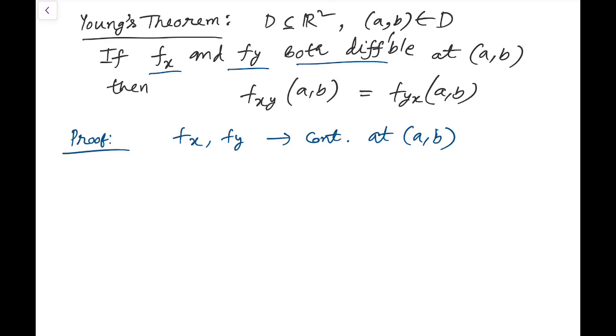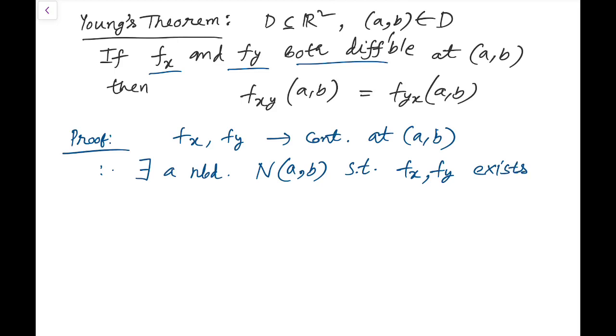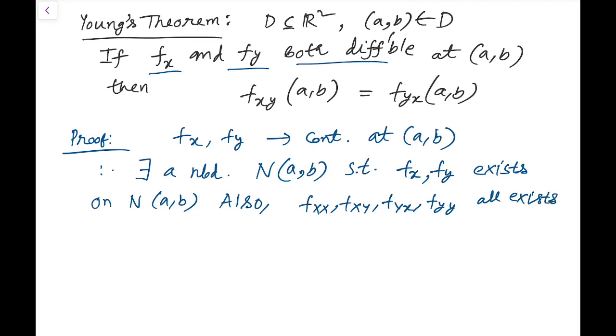Okay, so there exists a neighborhood of (a, b) such that fx and fy both exist on that neighborhood N(a, b). Also, fxx, fxy, fyx and fyy all exist. कहाँ पे exist हो रहा है? At the point (a, b).